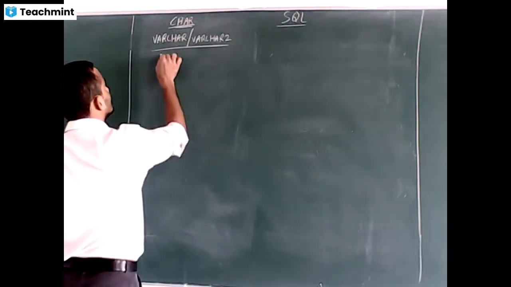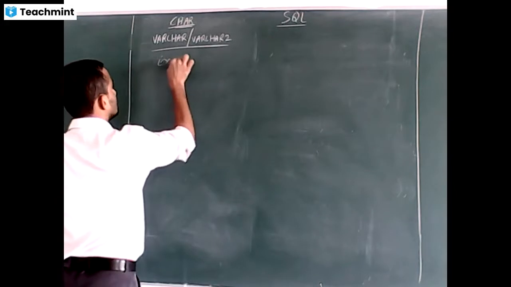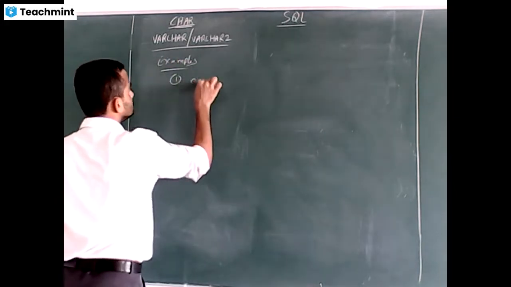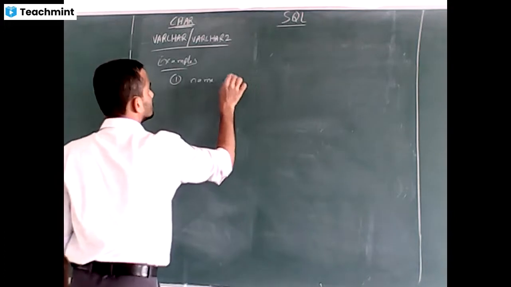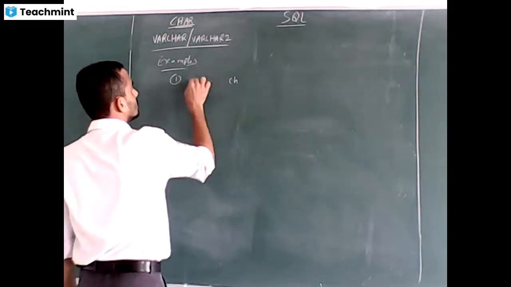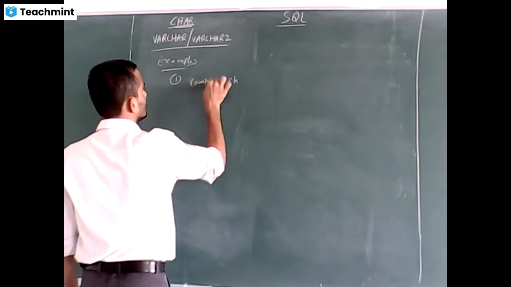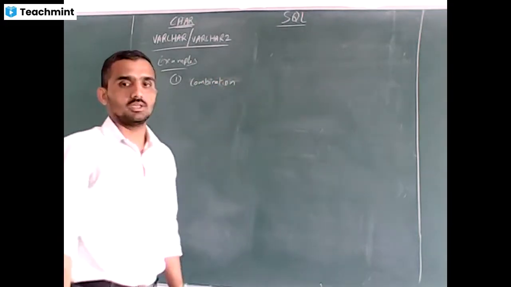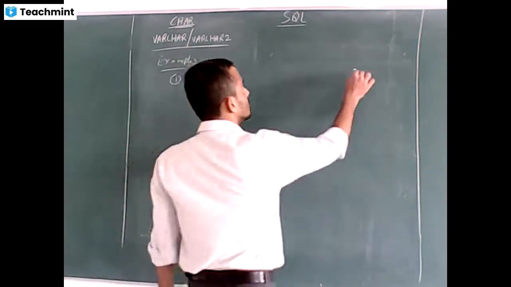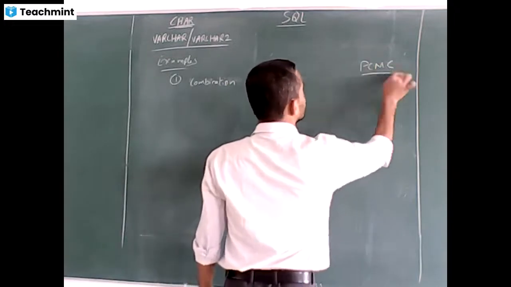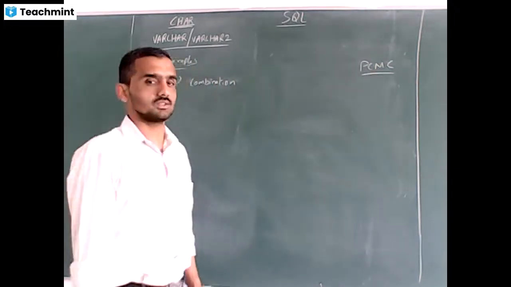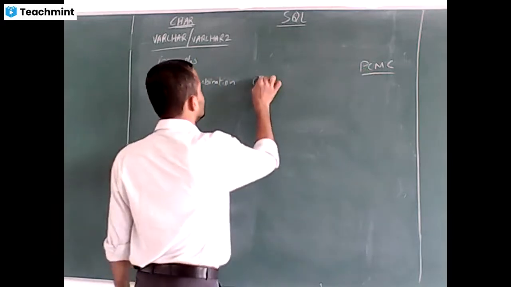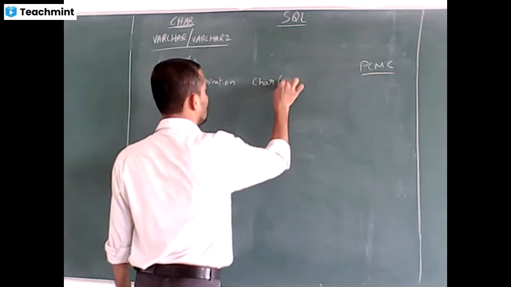See here, examples. If I take a combination column, that means the combination is like PCMC, PCMB. If you consider PCMC, how many characters are there? 4 characters are there. So I can use the data type CHAR of 4.